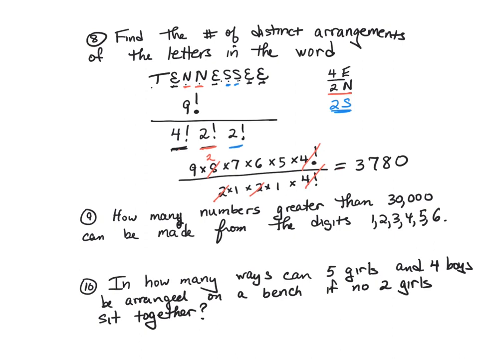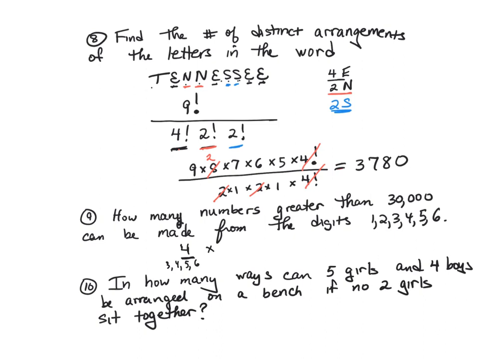If the number has to be greater than 30,000, the first digit could be a 3, with the next digit being something other than 3: 1, 2, 4, 5, 6. So there are actually 4 ways to pick the first place: we could pick the 3, the 4, the 5, or the 6.